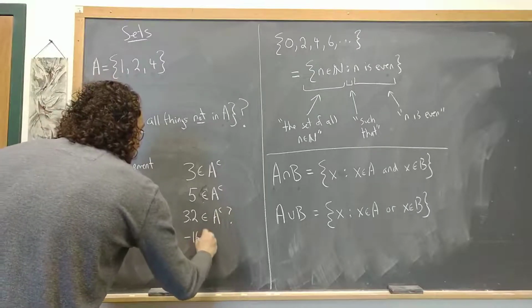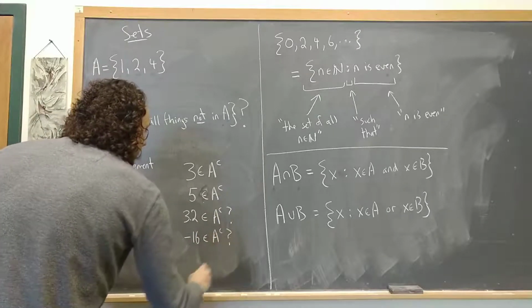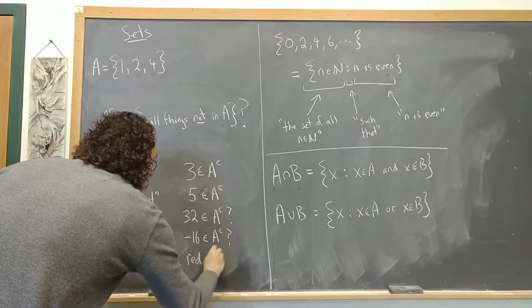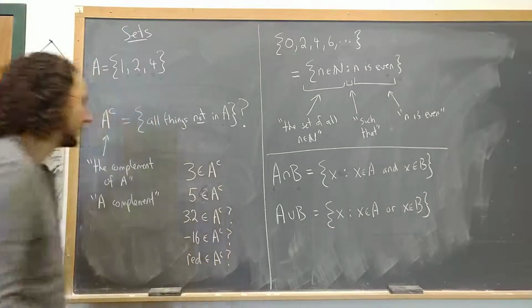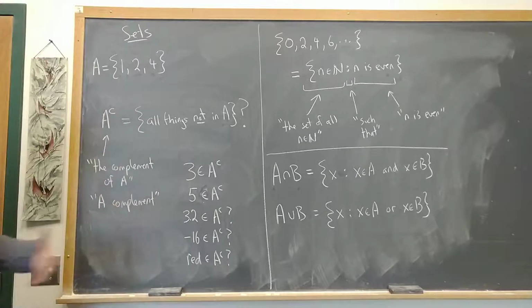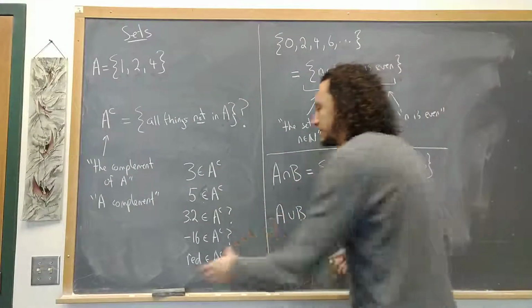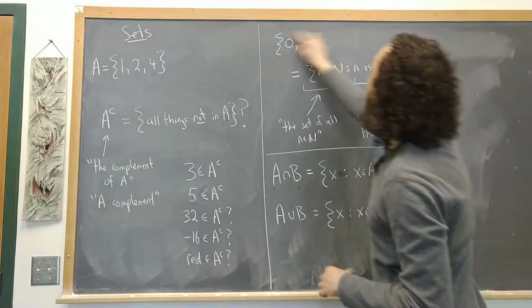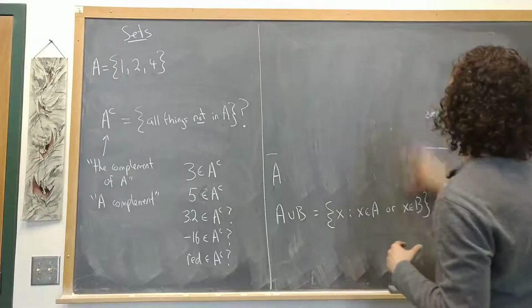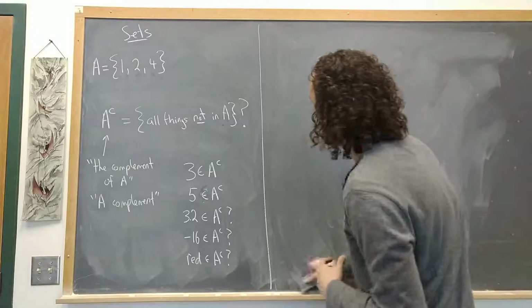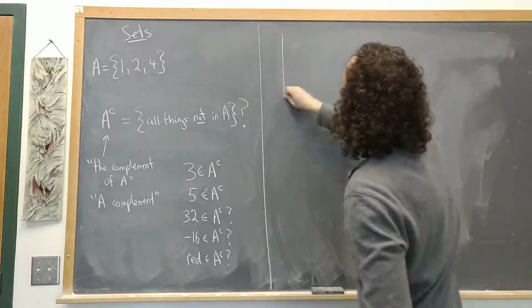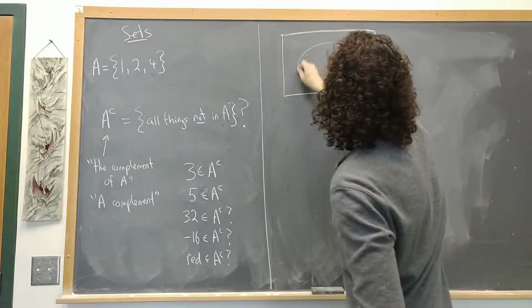Is negative 16 an element in the complement of A? Is red an element in the complement of A? The point is, when you talk about complementation, you need to have a sort of background set in place with respect to which you're considering the complement. So this becomes maybe clearer when I draw the picture of what complementation is.